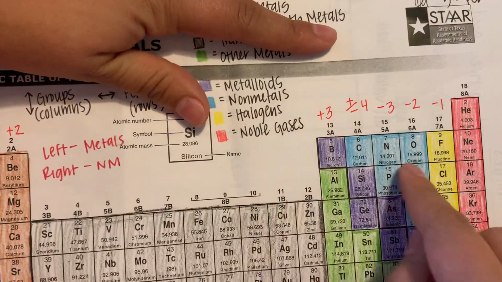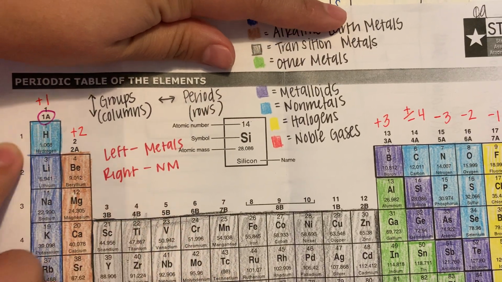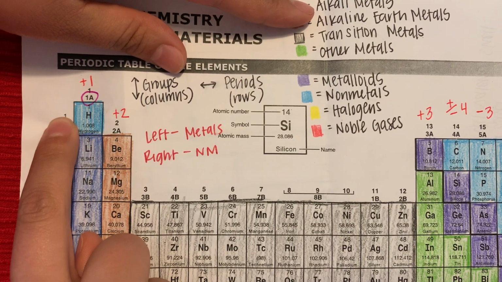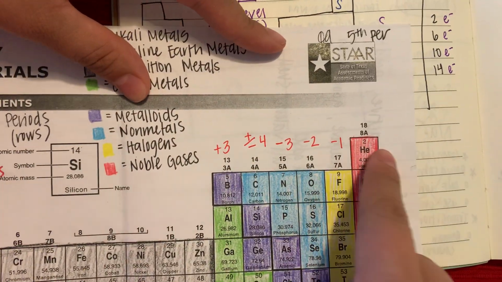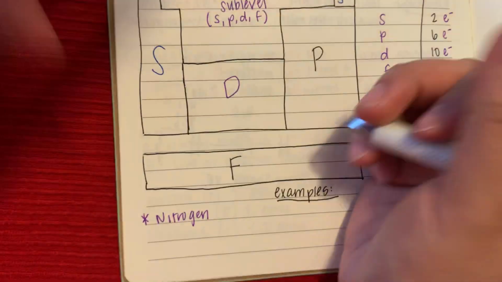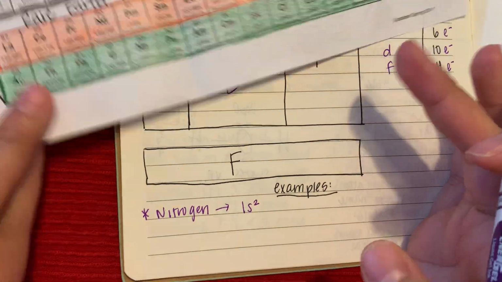So before I can get to nitrogen, I have to go through this first row. This is period 1, so 1s1, 1s2, and I passed those, so you write it down. So it's 1s2. Again, I know that might be confusing, but you'll get it the more we do it.